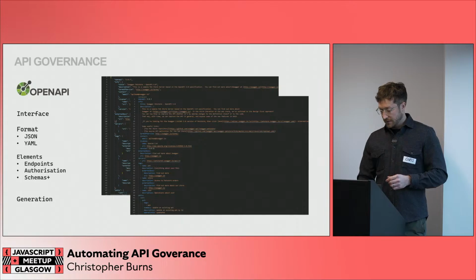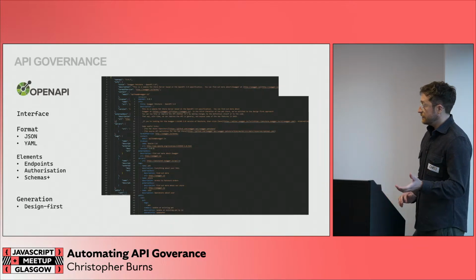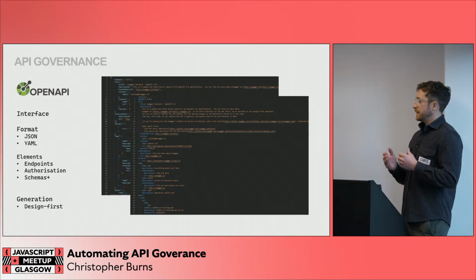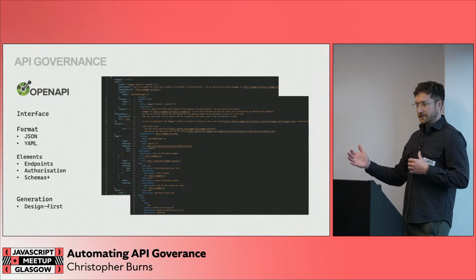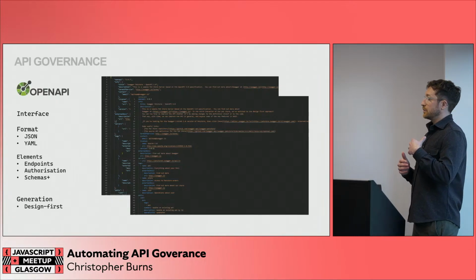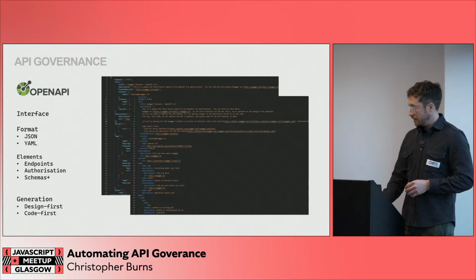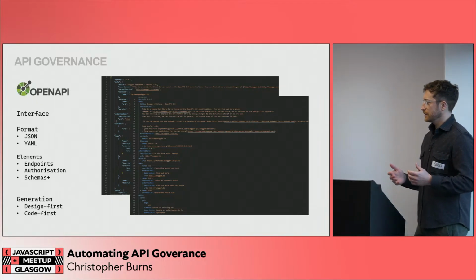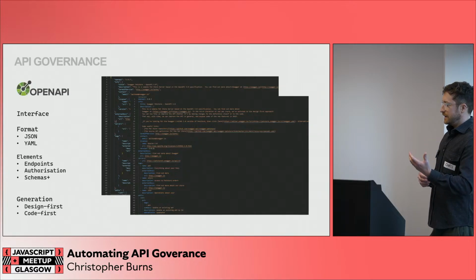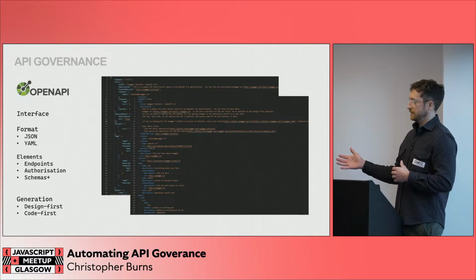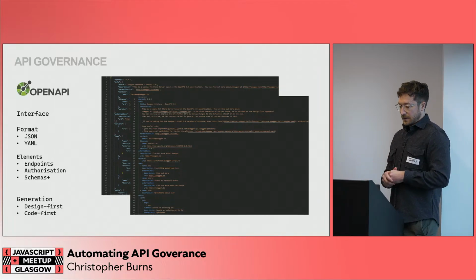In terms of how to generate an OpenAPI specification, there's typically two methods. Design first, in which the specification is created ahead of time, and then you create your implementation to match the specification. Or code first, where there's a bunch of tools that you annotate your code with so that you can generate the OpenAPI specification off the back of that.